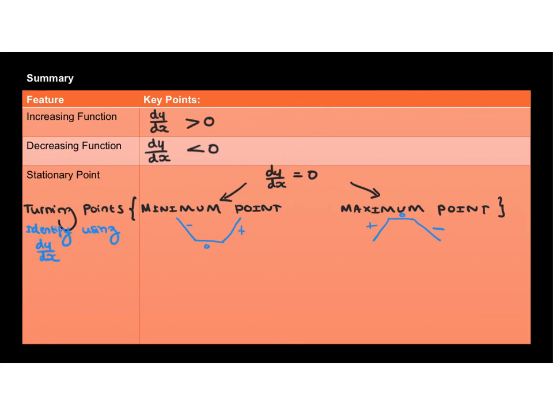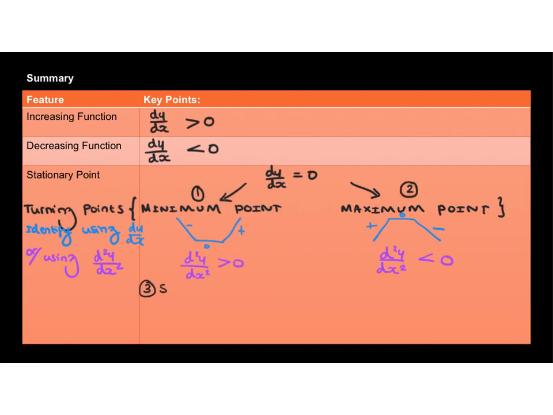Now remember, we can also use d2y by dx squared to identify a minima or a maxima. We know for a minimum point, d2y by dx squared will be greater than 0, and for a maximum point, d2y by dx squared will be less than 0. So if dy by dx equals 0, there are 3 possibilities. 1, a minimum point. 2, a maximum point.